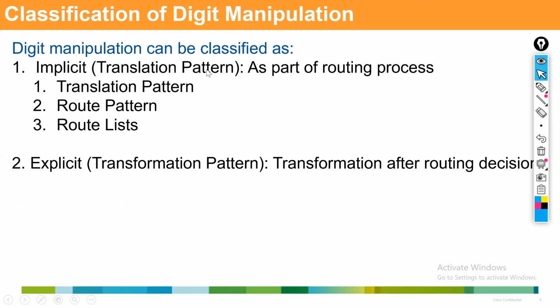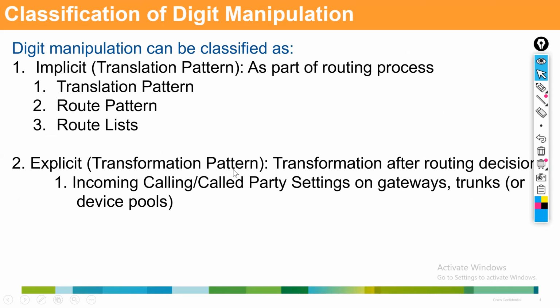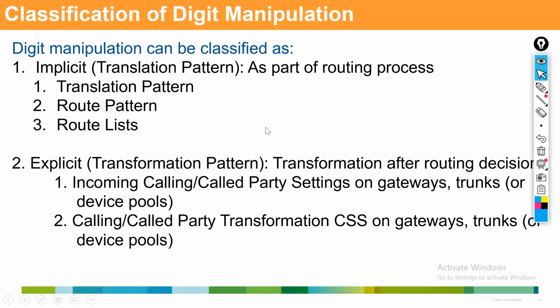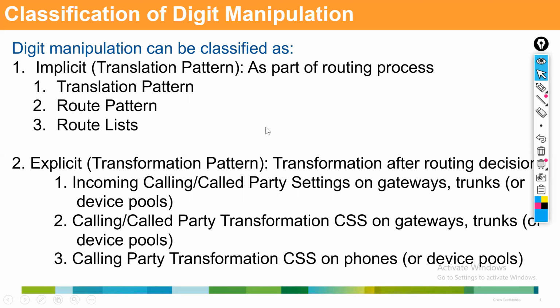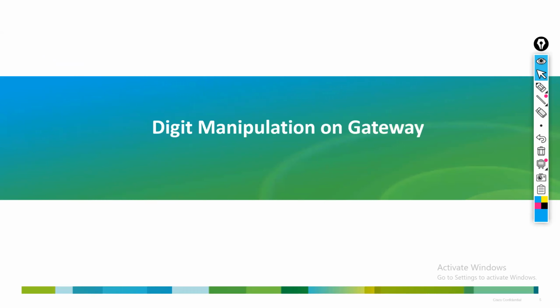With the translation pattern we can manipulate the number, and with the transformation pattern we can also manipulate the number. So there is a difference between them. What are the translation pattern and the transformation pattern? I'll go straight to configuring the digit manipulation, then you will understand what exactly this classification is.